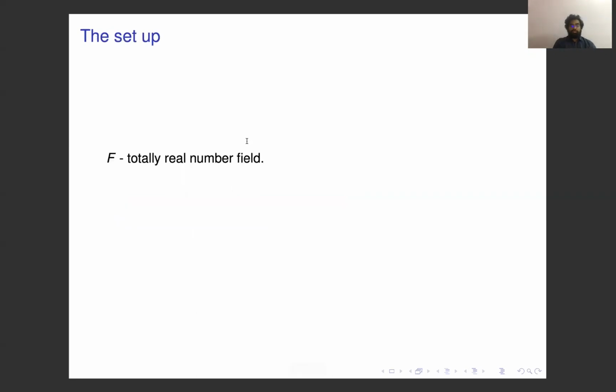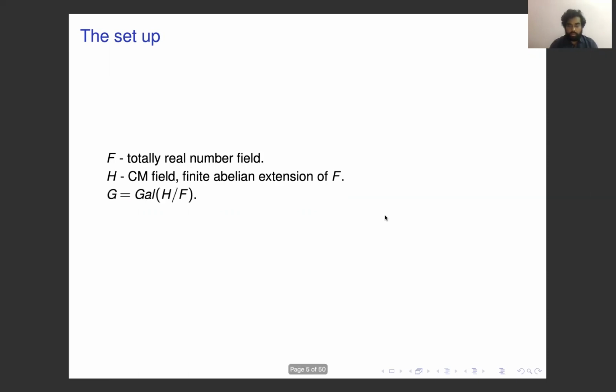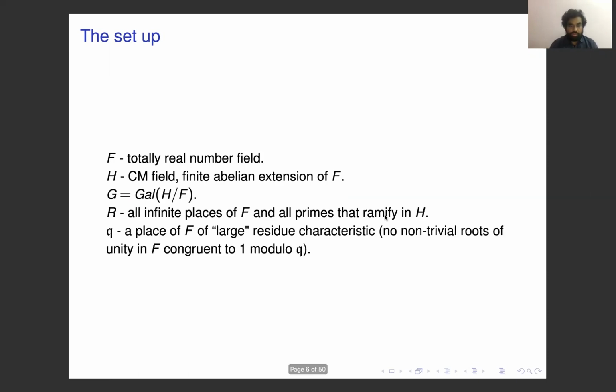So the setup is the following: F is a totally real field. H is a finite abelian CM extension of F, and its Galois group is G. Okay, so I need some data fixed for such an extension.